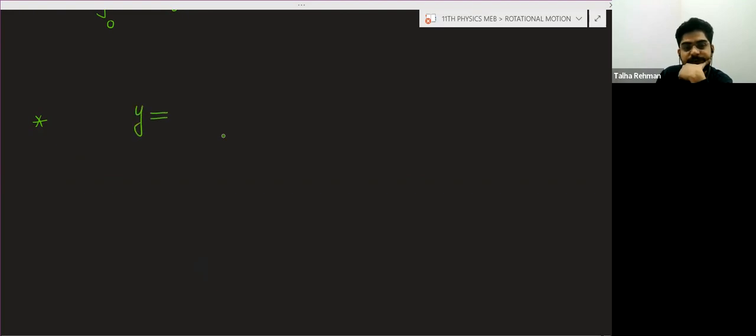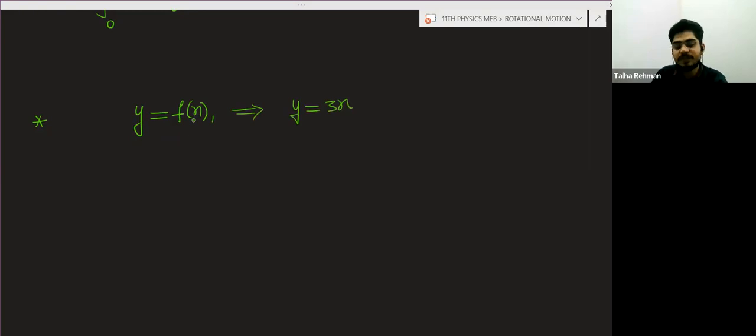Suppose y is equal to f(x). Y is equal to f(x) means there is a function where y is the dependent variable and x is the independent variable. So this function can be in this form, for example: y is equal to 3x square plus 5x plus 2.